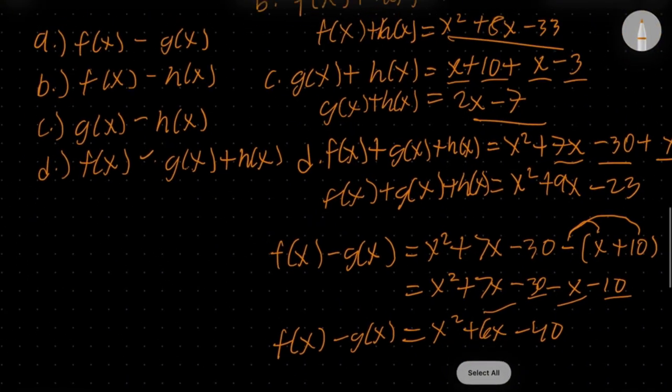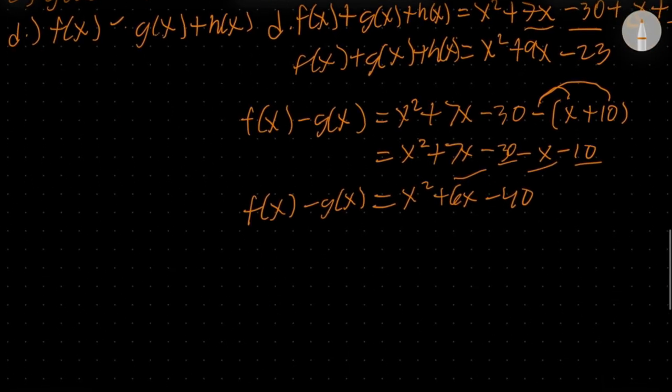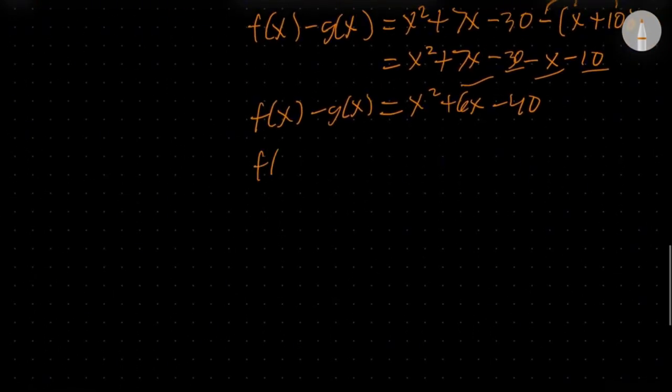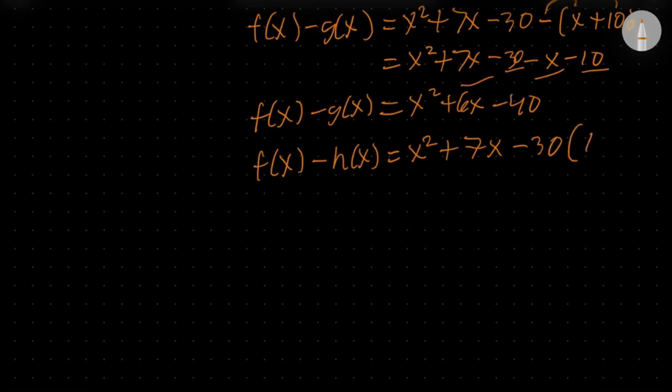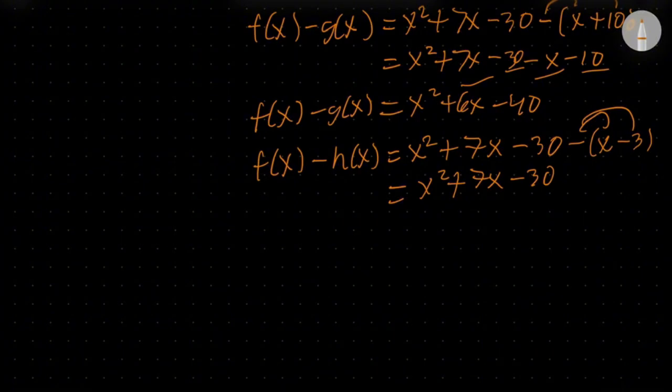Let's proceed to the next letter, f of x minus h of x. F of x is x squared plus 7x minus 30, and minus h of x is minus x minus 3. Just like what we did earlier, we're going to multiply h of x by the subtraction sign.